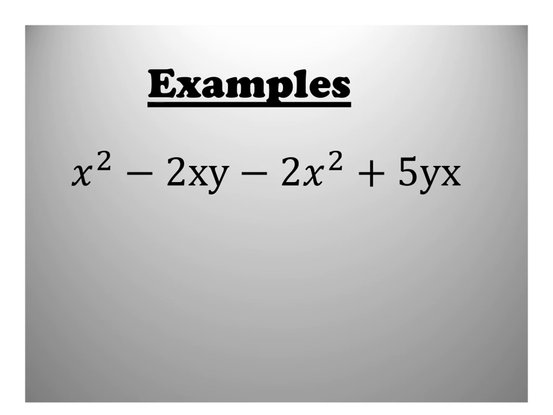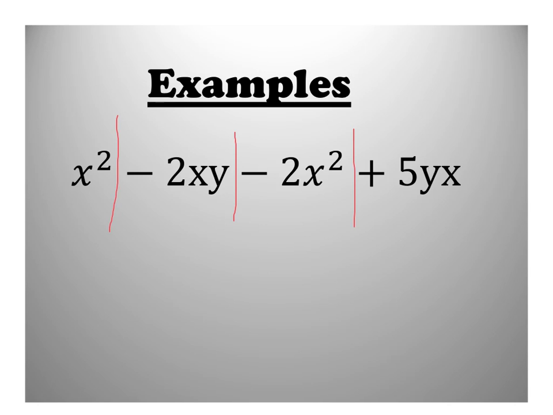Remember that they have the same variable or variables raised to the same exponent. So the first thing we're going to do is separate our terms. Here we have our first term, which is x squared, our second term, which is negative 2xy, our third term, which is negative 2x squared, and our fourth term, which is 5yx.